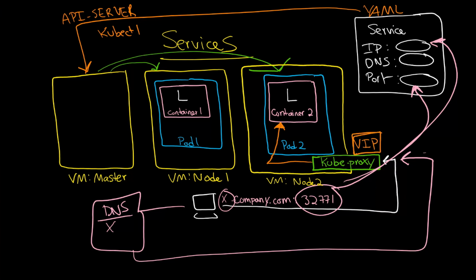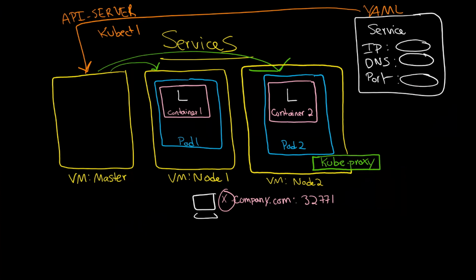Now, in the case where the same service that the person is trying to get to is actually not hosted on the node that they're contacting, then kube proxy can send it over to the correct node, and that node can service it through that pod and through that container. Now, if this request comes into the kube proxy, and by the way, this IP address that is exposed on the node itself is exposed through something called a node port.